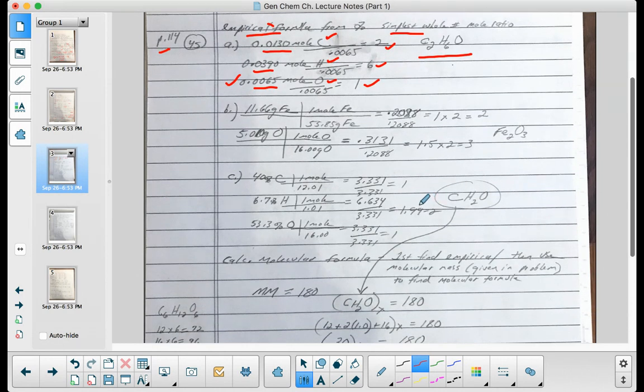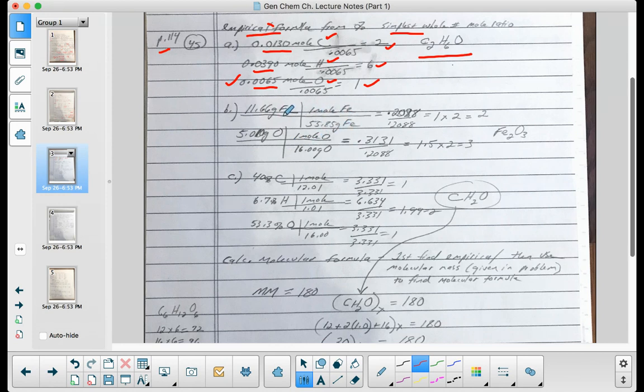Okay, and then we'll go to this next example, which I think is a lot like the example that I put as a sample calculation in your lab. So let's say we have 11.66 grams of iron. So this time I'm not starting with moles, I'm starting with grams instead. And I have 5.01 grams of oxygen. So I'm going to convert to moles.